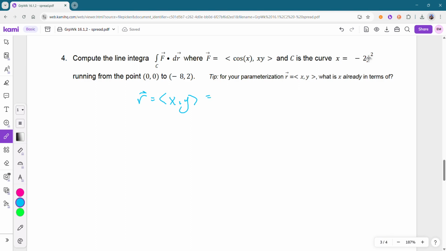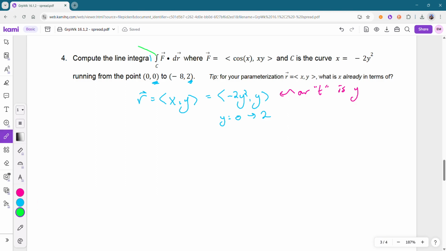And so here we can get our parameterization very quickly just by plugging in for x at -2y squared, using y as our parameter. So our parameter t is y. And in order to start at the origin and stop at (-8, 2), with y as our parameter, we can just read it off from the y. And so our y is moving from 0 up to 2. So with that, we have our parameterization. We have everything we need to compute this integral.